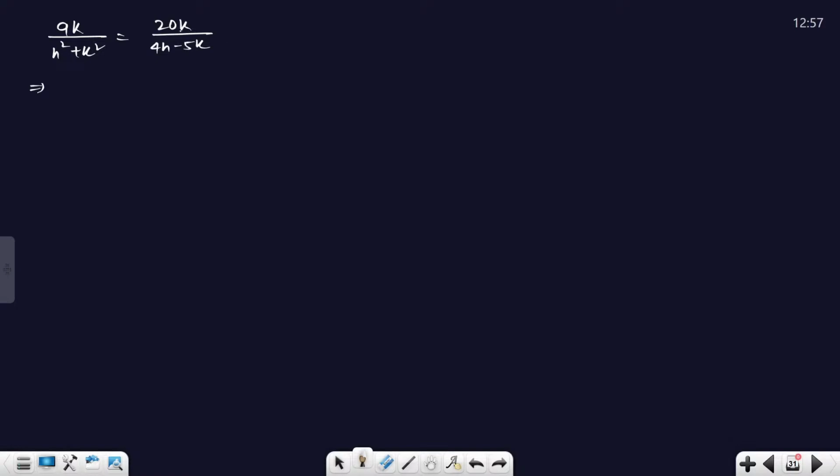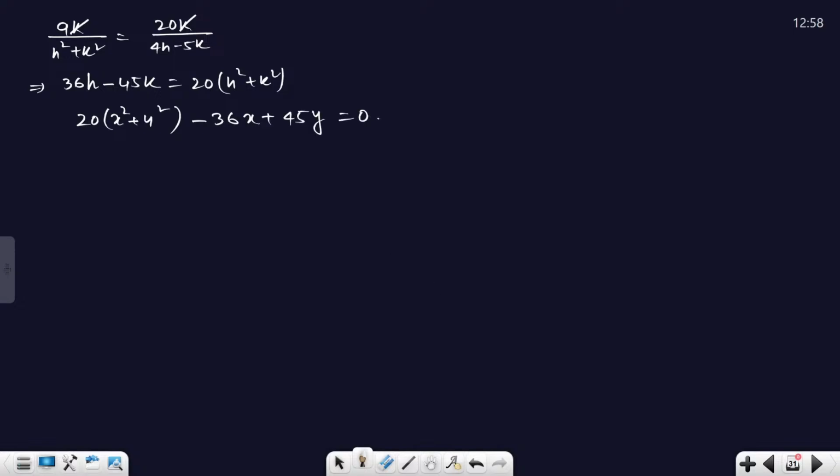So let me just cancel k. So it will be 9 4s are 36h, 9 5s are 45k, which is equal to 20 times h square plus k square. So the equation of the locus is 20 times x square plus y square minus 36x plus 45y equals to 0.